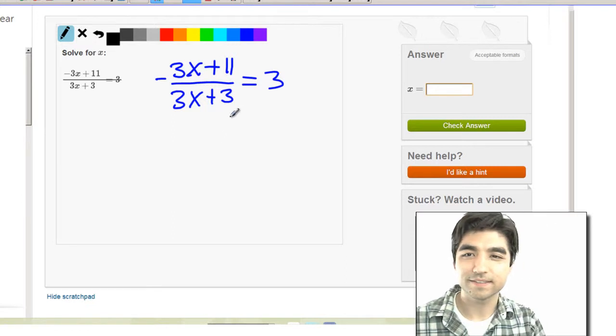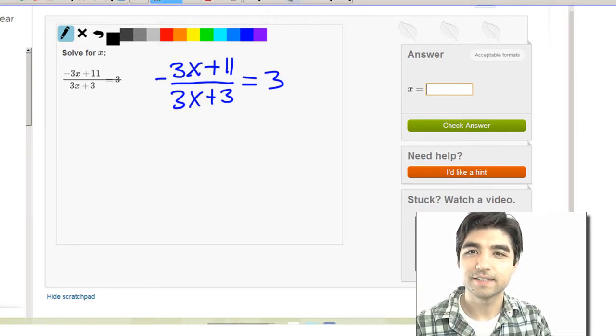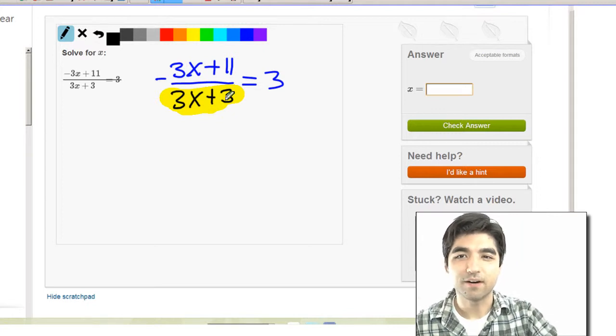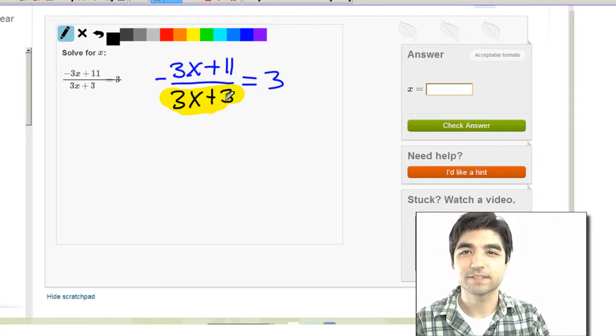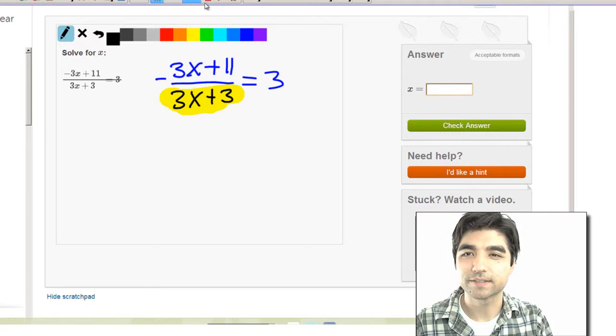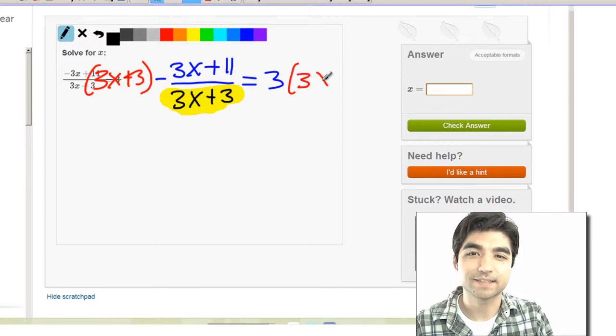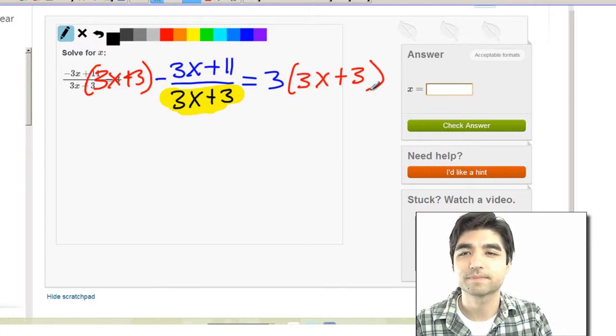And again, we need to attack this denominator first. So we want to get rid of denominators. So in order to get rid of denominators, we need to take both sides times 3x plus 3. And then we need to take this side times 3x plus 3.